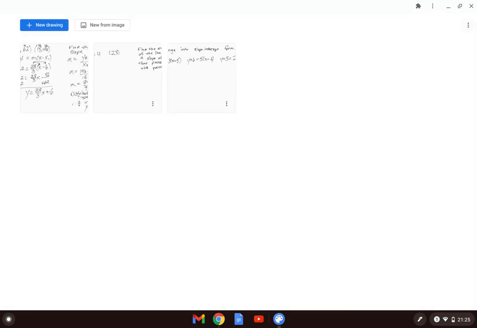So let's look at how we can use this then. If I have y equals 28 thirds x plus 6, and I want to find out what is the altitude at 30 minutes.